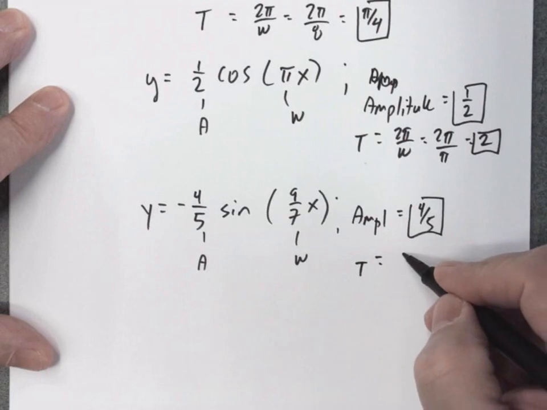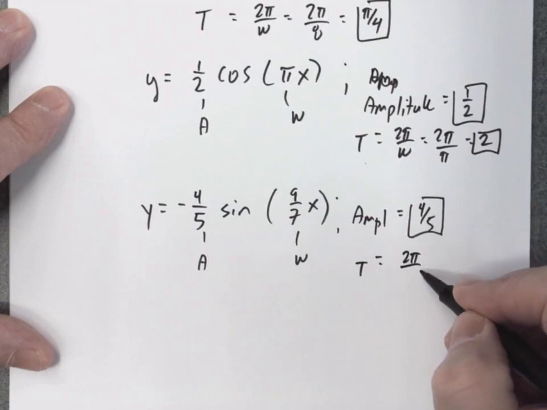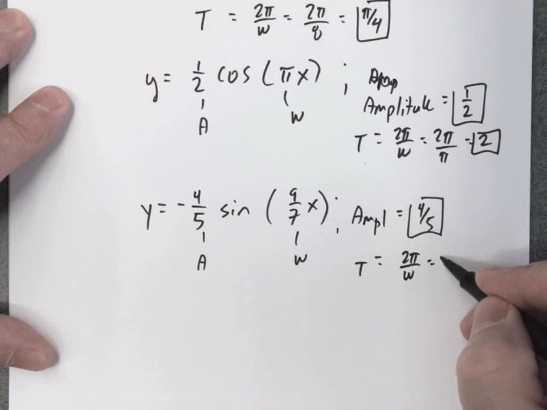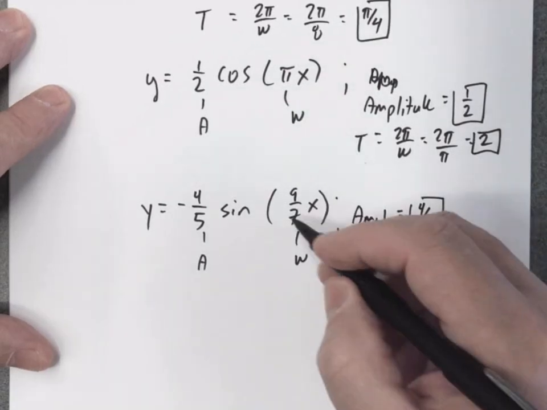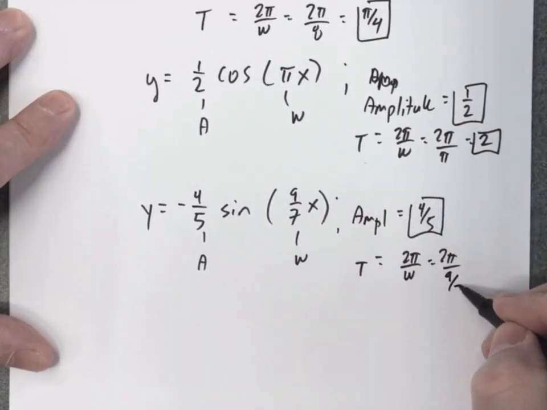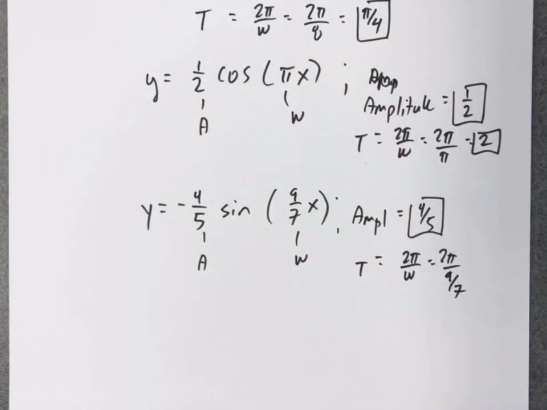The period, 2 pi over omega. Omega is 9/7. So this is now a complex fraction.